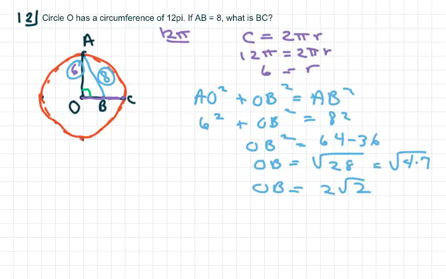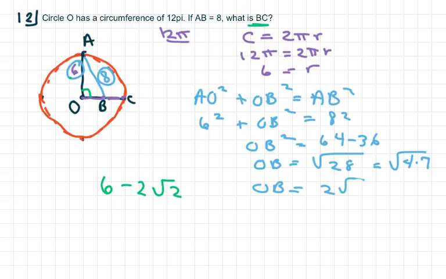We're looking for BC, so we can't stop yet. We know it's 6, sorry, this is 6. So it's 6 minus 2 square root of 7.